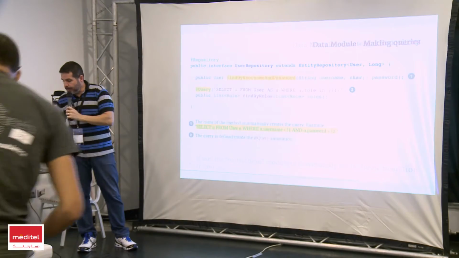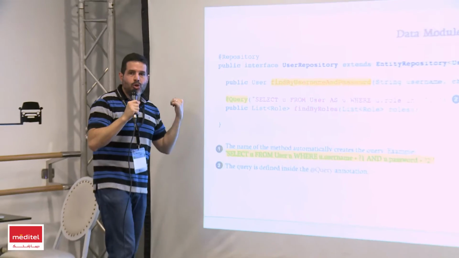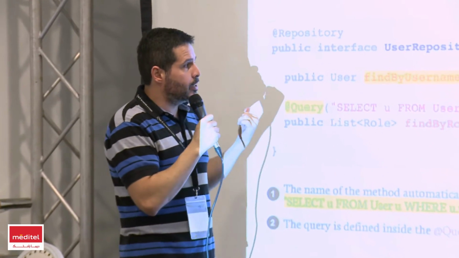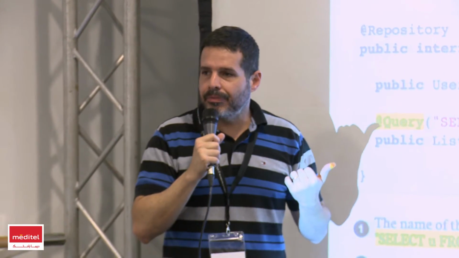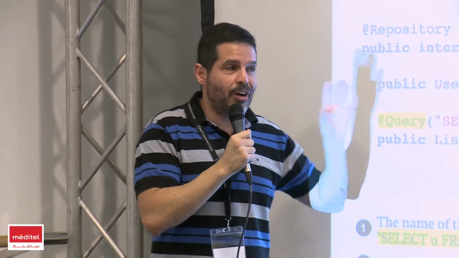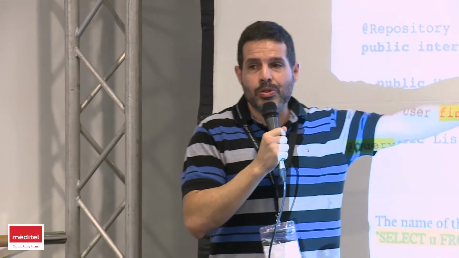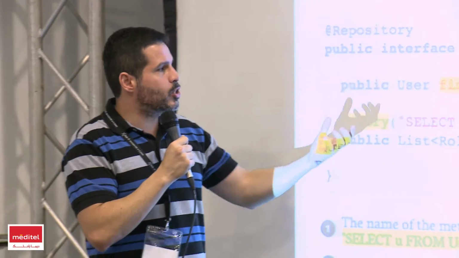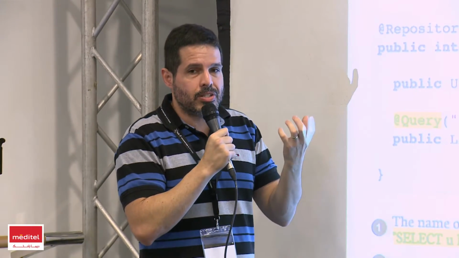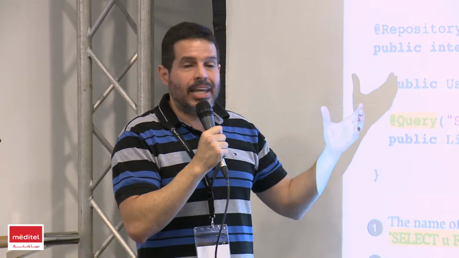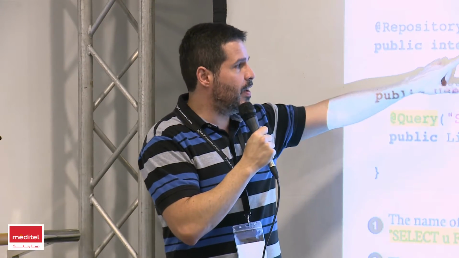But it's not only about those methods. Suppose that you want to create a query. Look at the beauty of this. This is a user entity, and you want to create a query. You just write the name of the method. It's an interface.